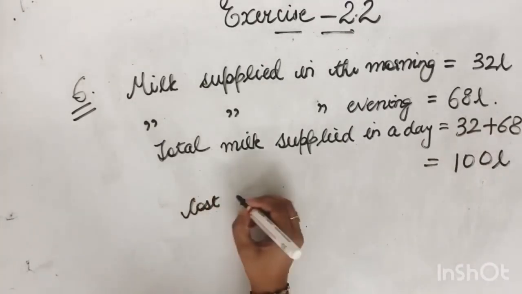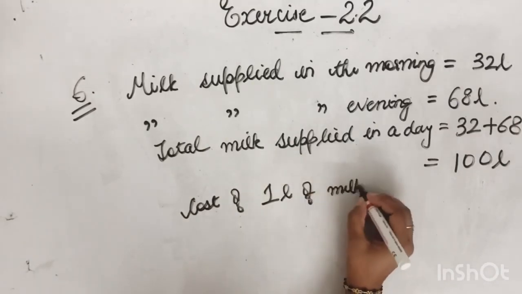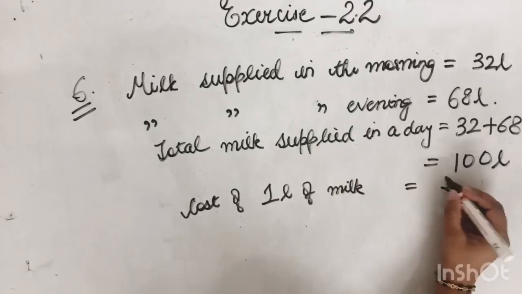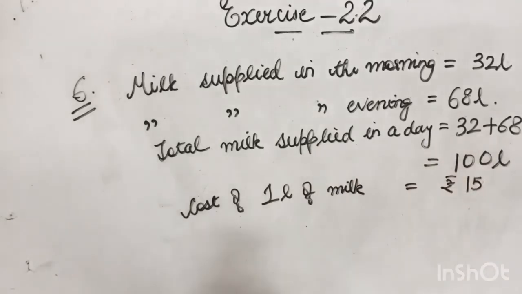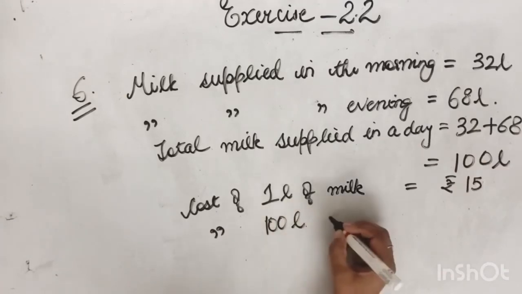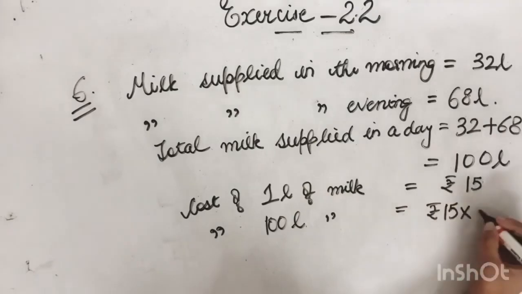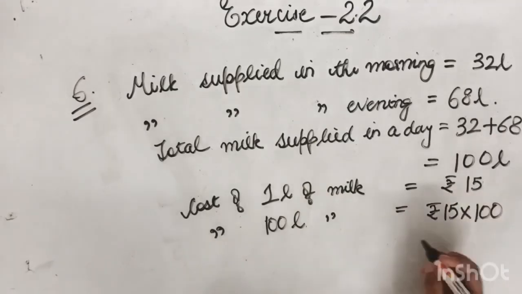The cost of 1 liter of milk is rupees 15. So the cost of 100 liters of milk will be rupees 15 into 100.